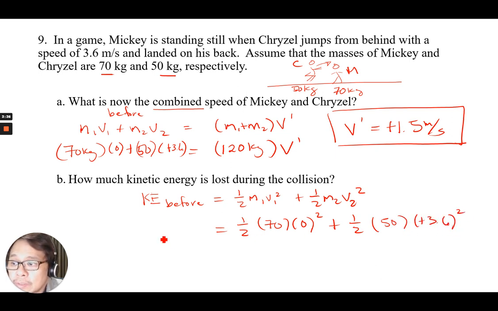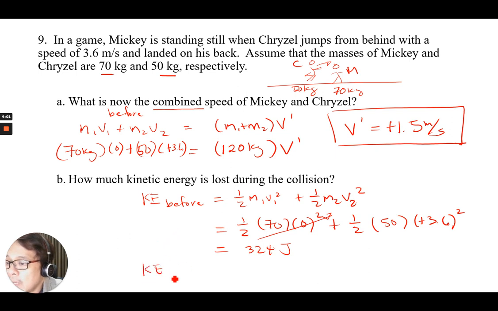Then we square this. So what is the kinetic energy before the collision? 3.6 squared times 50 divided by 2, you get 324 joules. Of course, this one is 0. So this is KE before.